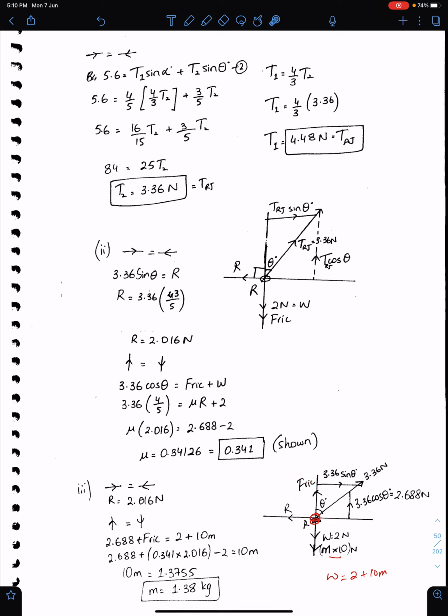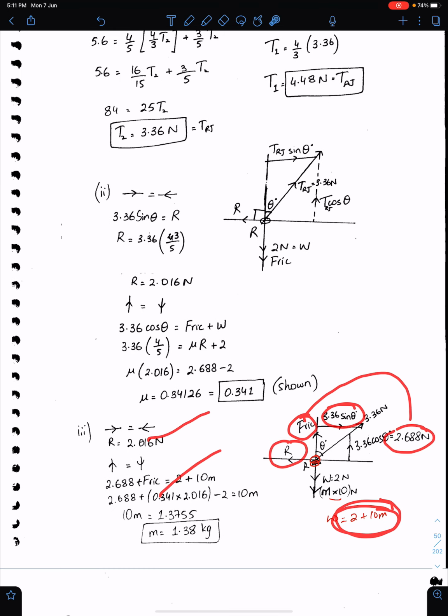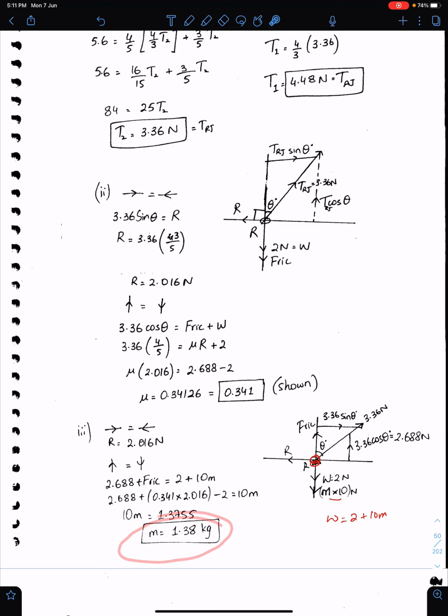This is about to slip down, these two rings. So friction plus 2.688, meaning friction plus this is equal to 2 plus 10m, and R is equal to this. So with the help of these two equations, you can easily get the value of m.